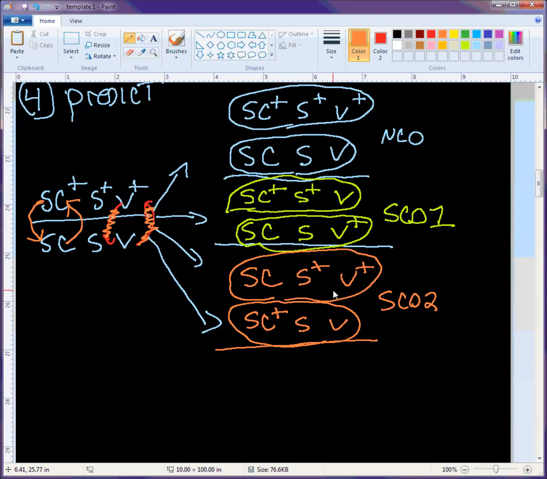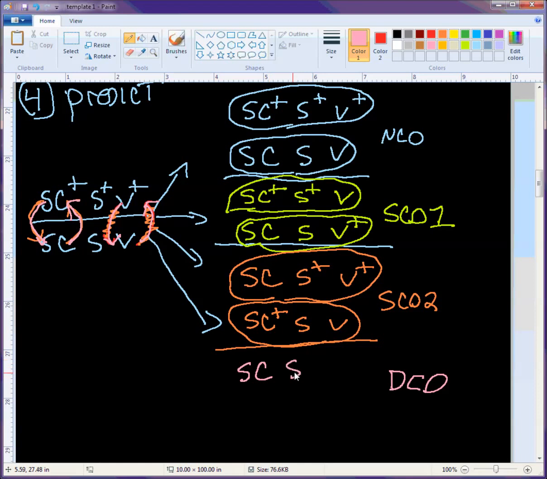Okay, so now we have one more, the double crossover class. And let's use pink. Okay. So double crossovers. Now, double crossovers are going to result when there's a crossover on this side of S and a crossover on this side of S. So essentially, SC is moving up, SC plus is moving down, and V is moving up, and V plus is moving down. So let's just draw that.